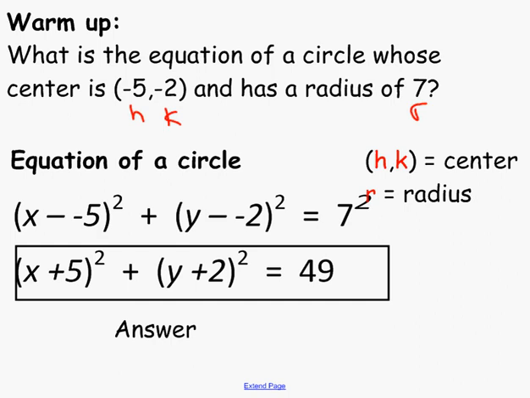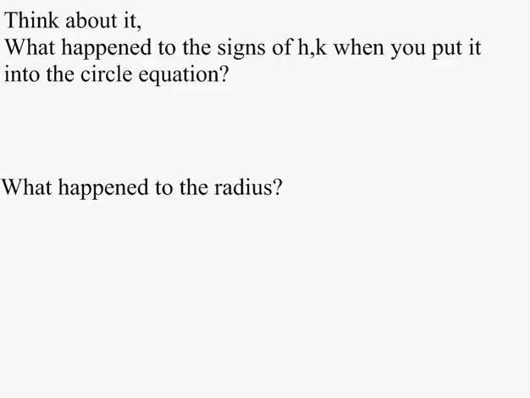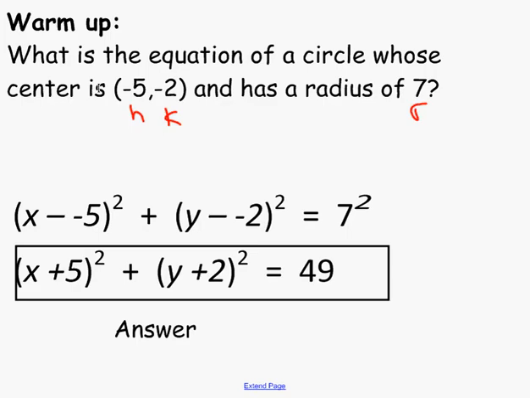Okay, think about it. What happened to the signs of h and k when you put it into the circle equation? So when you put -5 into the circle equation, that turned it into a plus 5, right? The subtraction sign from the equation turned that -5 into plus 5.